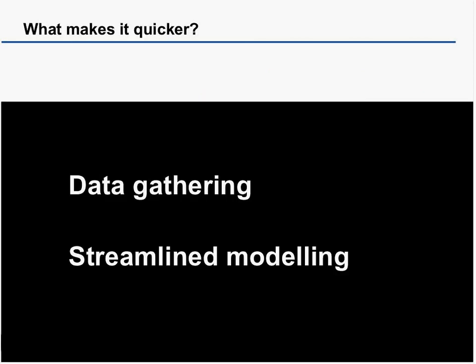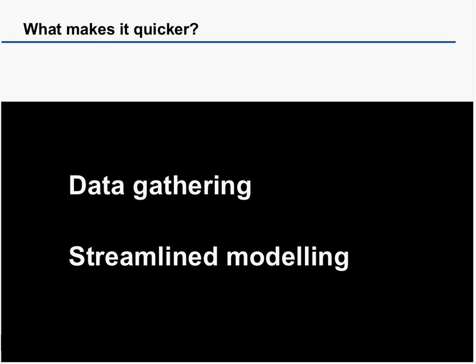So, what makes our process quicker than what we did before? Two key things, really. We gather the data about the building, and we have a streamlined approach to modelling. In terms of data gathering, what we want to do is get hold of information to build a 3D model of the building, and there are a number of ways that we do that. We need its geometry, and we need to understand construction and materials and how it's occupied and so on.